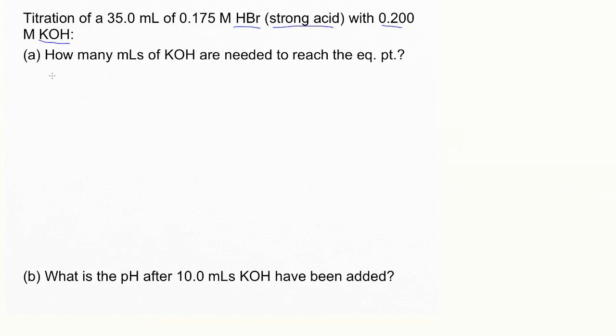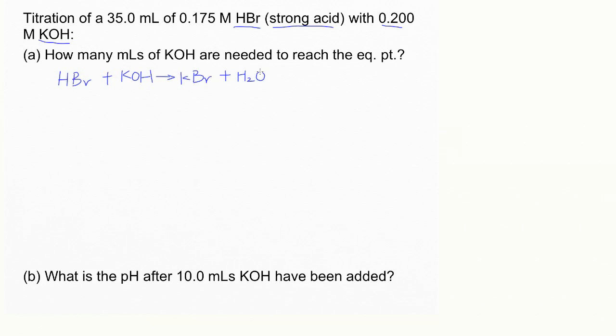Let's write down the reaction equation first. Hydrogen bromide will react with potassium hydroxide in a 1:1 ratio to generate potassium bromide and water. So this is the reaction equation.